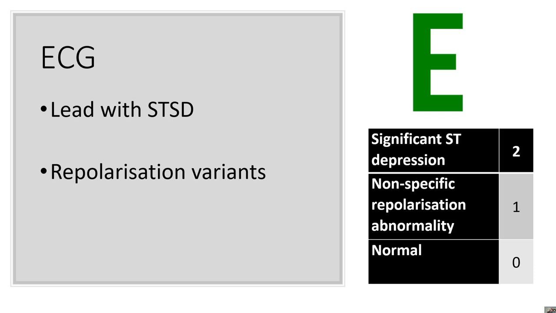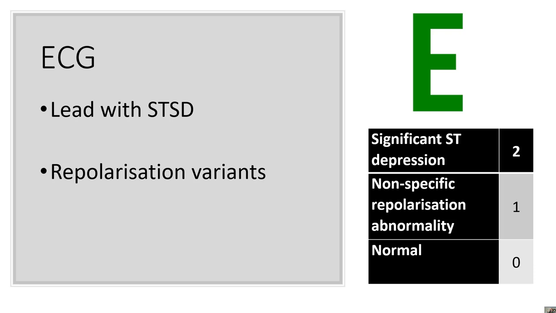The next element that gets looked at by this calculator is changes on the ECG. This element investigates changes other than the overt ST segment elevation. And as I've mentioned before, if this is the case, then the analysis of risk is superfluous, and we've got plenty of other work to get on with. So in the absence of ST segment elevation, the high risk signs we are looking for is any lead that has more than 1 millimeter of ST segment depression in it.